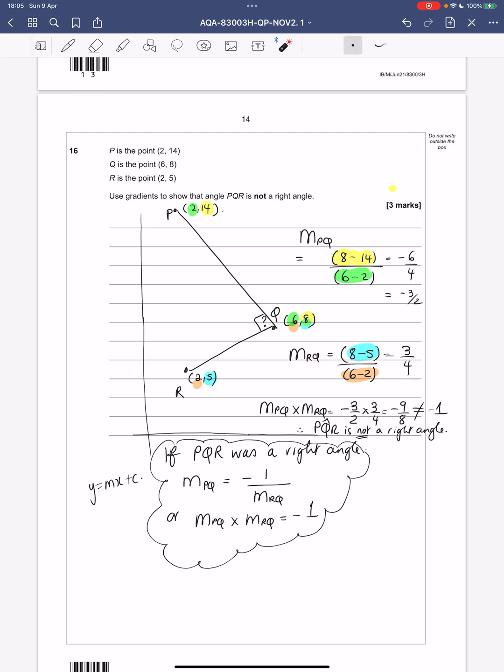And then MRQ, it's blues now. 8 minus 5 over 6 minus 2, so it's 3 over 4. And if we multiply these together, minus 3 over 2 times 3 over 4, minus 9 over 8, which is not equal to minus 1. So therefore the angle at PQR is not a right angle.